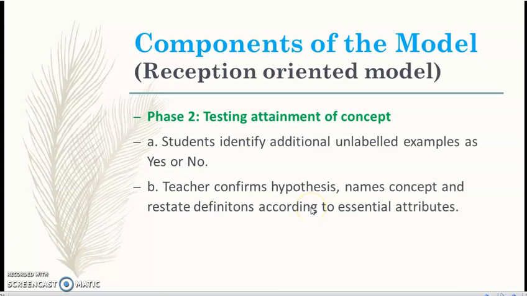Once it is confirmed by the teacher, the students name the concept and restate the definitions according to the essential attributes. Later, students generate examples after confirmation of the hypothesis.